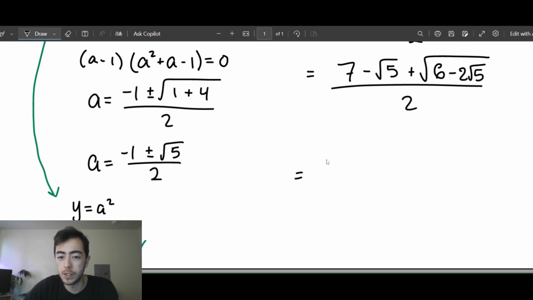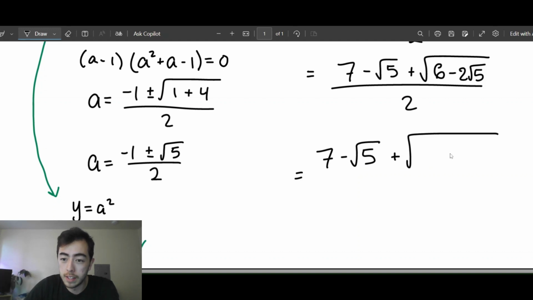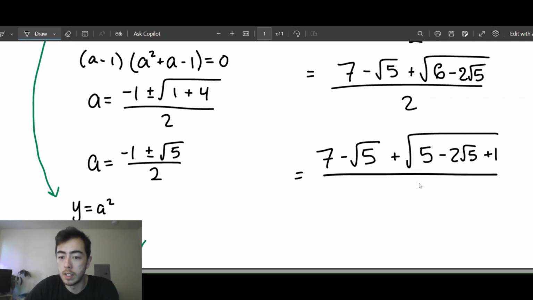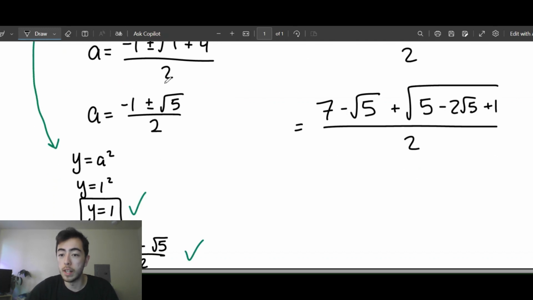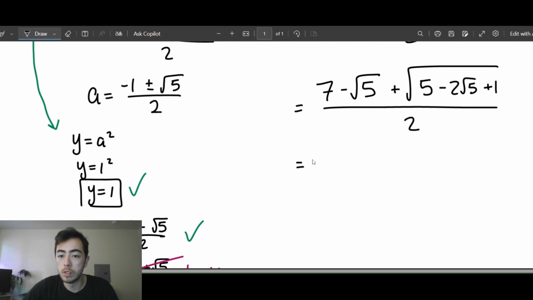This is going to be a kind of strange algebra step. I don't do this often. But let's split the 6 as a 5 and a plus 1 at the end. And here I have a perfect square. I'm going to claim that this is going to be equal to root 5 plus 1 squared.